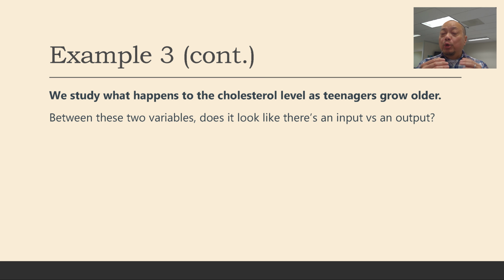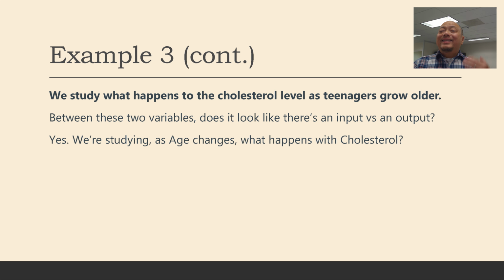Is there an input-output kind of situation in this study? By the way, in reading these problems, it's a pretty good idea to try and imagine what the researchers are trying to achieve. That helps a lot. So press pause and try to think about what the researchers are trying to achieve and whether there is an input-output situation in this study.